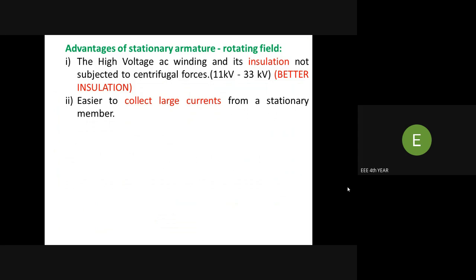In the stationary part, we collect the large currents from the stationary members. It is very easy. That is an advantage of the stationary armature and rotating field system.